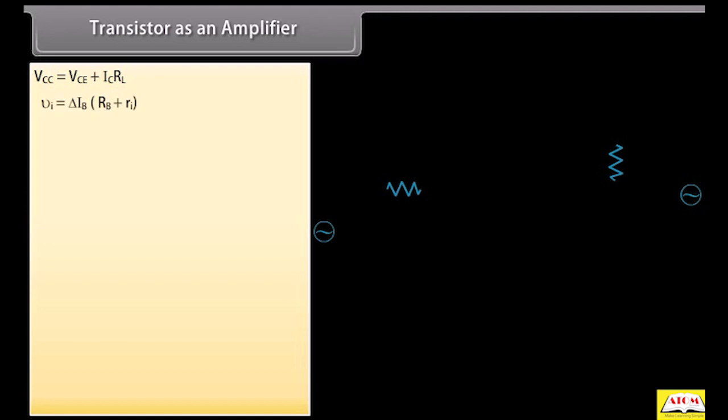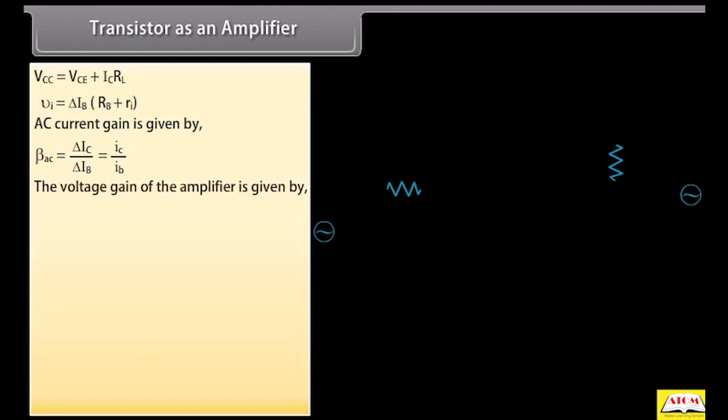Delta Vi is equal to delta IB multiplied by RB plus Ri. The AC current gain is given by beta AC is equal to delta IC upon delta IB. The voltage gain of the amplifier is given by AV is equal to delta VCE upon Ri delta IB, or it can be written as AV is equal to minus beta AC RL upon Ri.